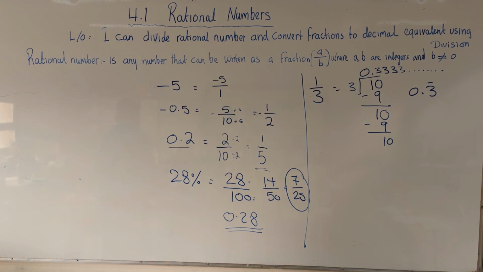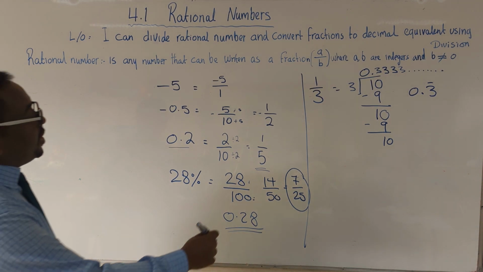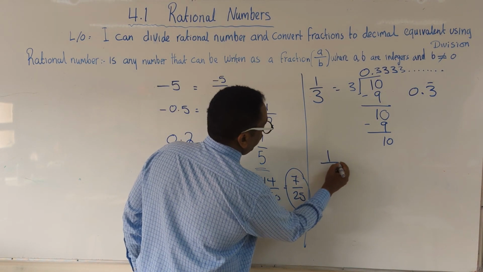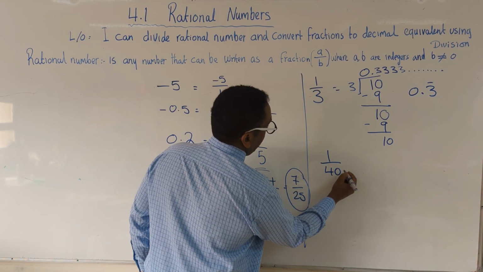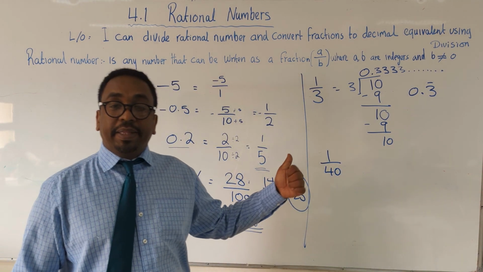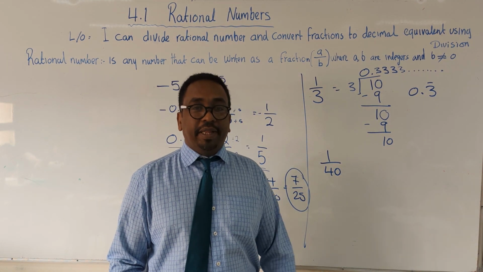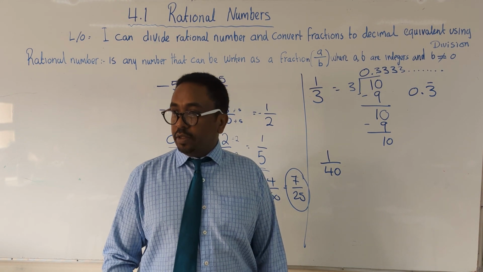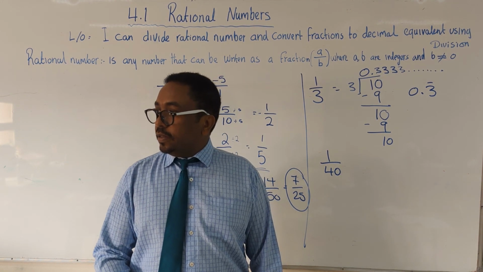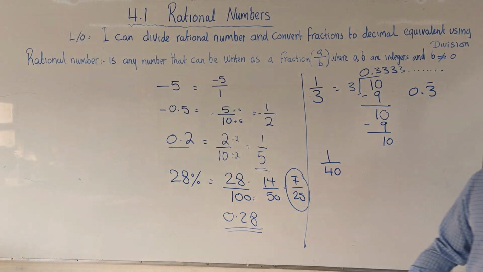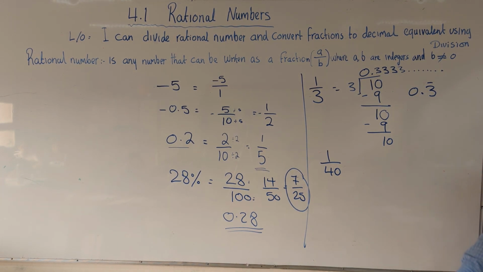Right. Okay, let me just write. Can you now write down 1/40 and find out, is this a repeating or terminating decimal? You want to try that? Yes, so let's do it. What should we do here?